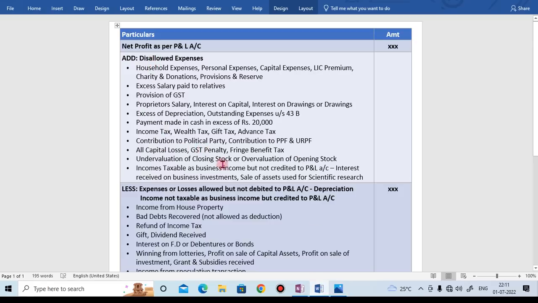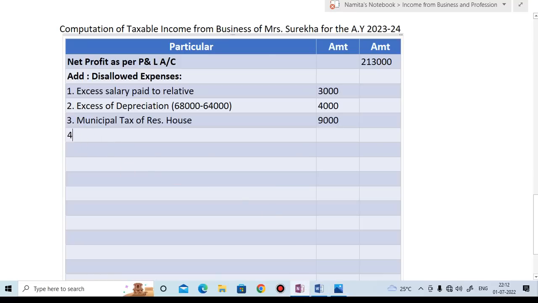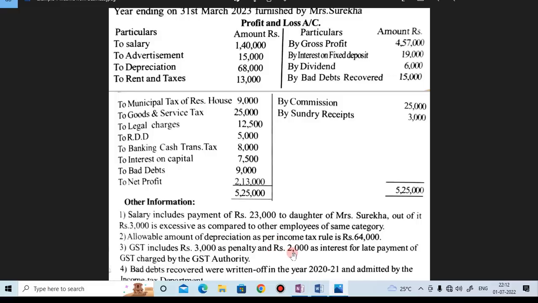If you see the disallowed expenses format, there is GST penalty. How much is the GST penalty? 3,000 is the GST penalty, so it is a disallowed expense. GST penalty 3,000. Now next is the rupees 2,000 as interest for late payment of GST charged by the GST authority.